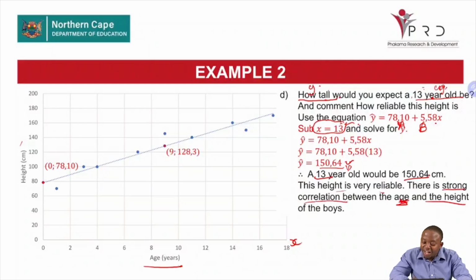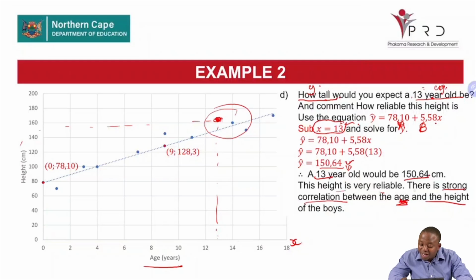How do we see the strong correlation? Let's check. 13 will be found somewhere there. Then when you look at the 150 there, you can see the point is also close to the line of best fit, so there's a strong correlation.